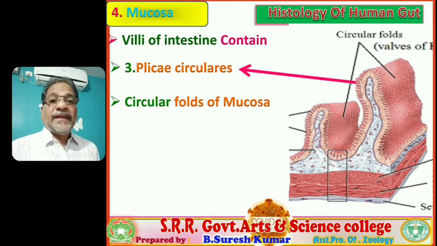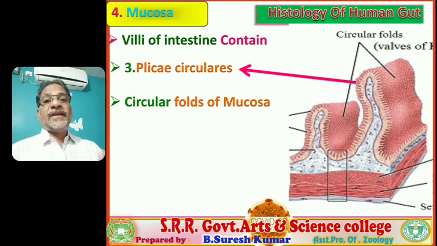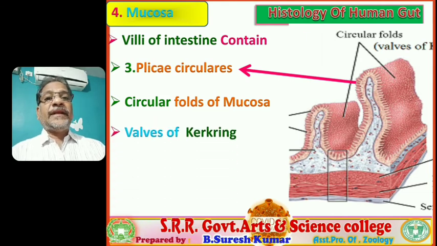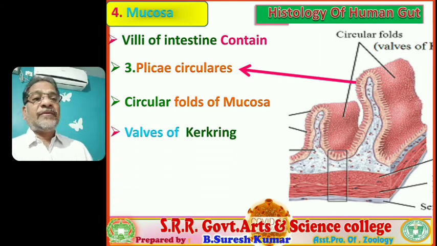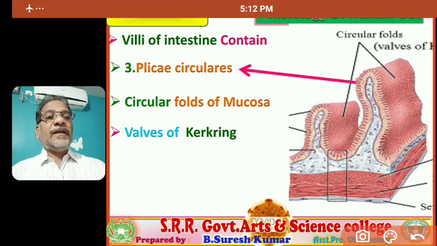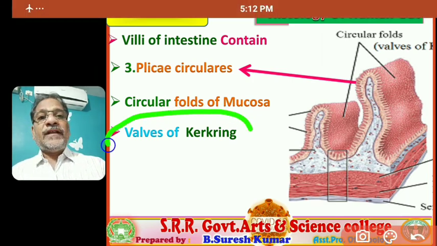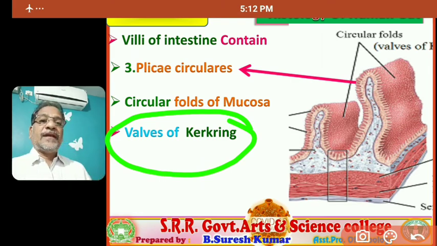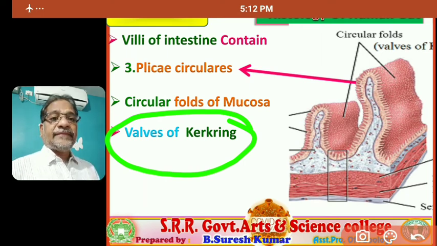Students, you mainly have to catch the term circulares, circular, plicae circulares. So the circular folds of mucosa are called plicae circulares, and they are also termed walls of Kerckring. Very important term. The plicae circulares are nothing but walls of Kerckring.